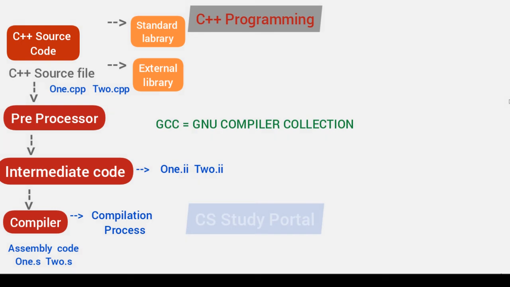Now, the compiler will check your program for all those rules. If you have not followed those rules, then the compiler will generate an error and you have to do this process again. If you have followed all those rules of the C++ programming language, then you will get the assembly code, or the file containing the assembly code.